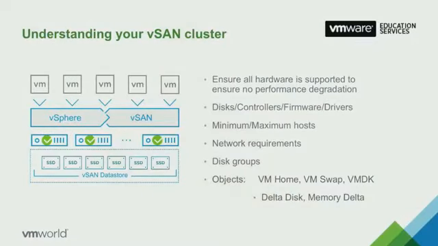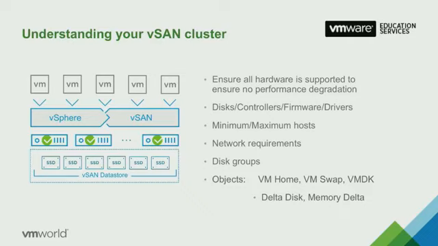You've also got your swap, your delta disks, and your memory data, in case you want to have in-memory snapshots. Now, the great thing about this is, the way with traditional storage you're going to have your gold, your platinum, and you can set up your different performance requirements. Well, you can do this at an object level with vSAN.